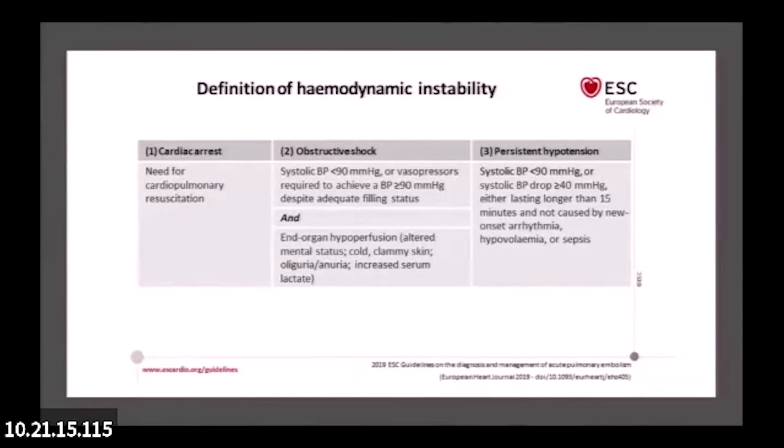If they continue to have hypotension, they may require vasopressors and have organ hypoperfusion. So that is the obstructive shock phase. And then if at this phase nothing can help the patient, they will eventually go into cardiac arrest. So that's one of the causes of PEA.